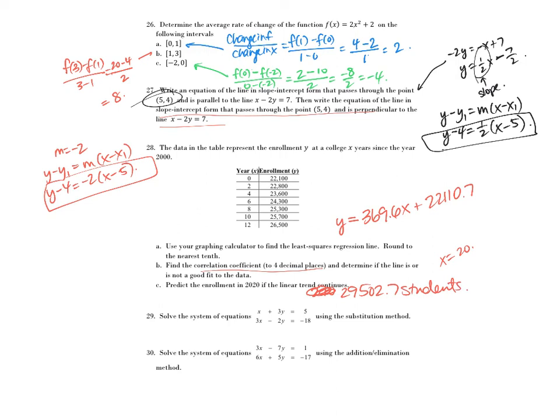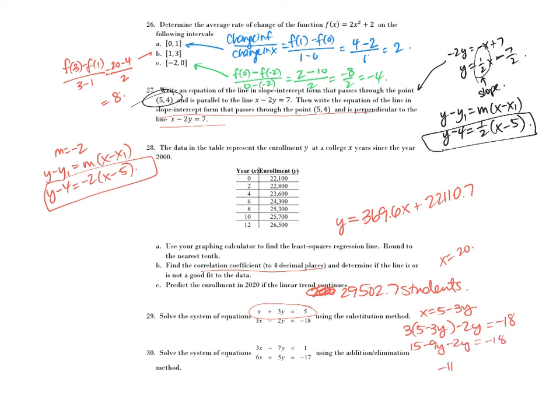Okay. The last one says solve that system of equations using substitution. The first thing I want to do is solve that for x. So x is equal to 5 minus 3y. Then plug that in for x in the second one. Then I can see I get 15 minus 9y minus 2y equals -18.